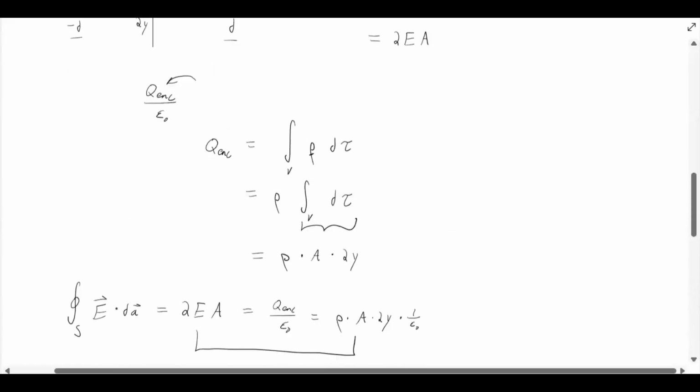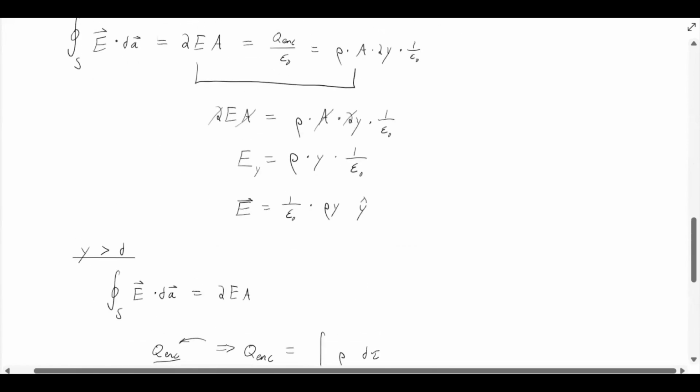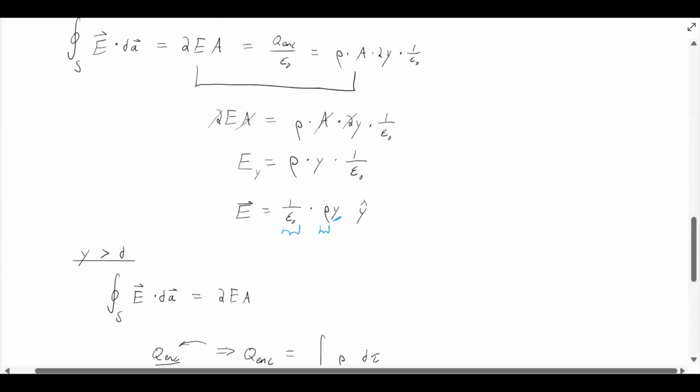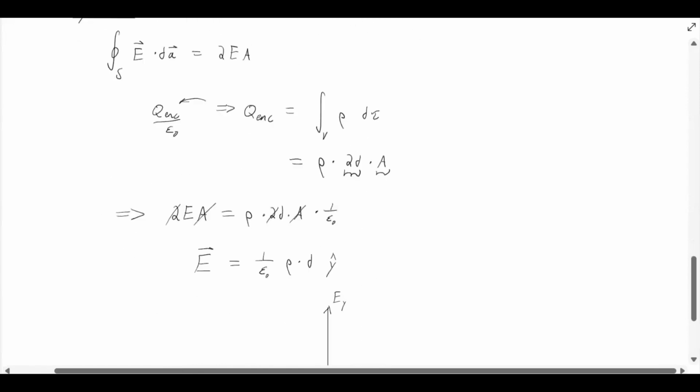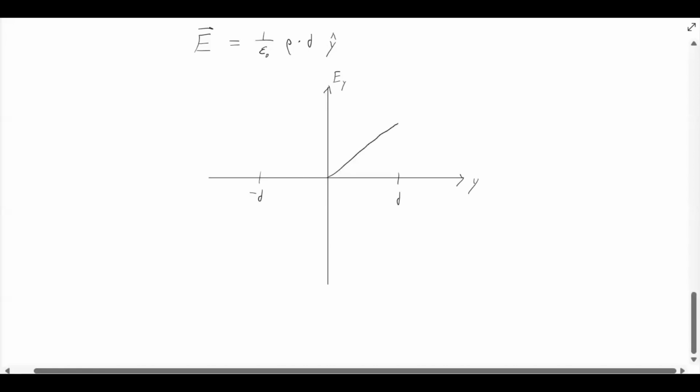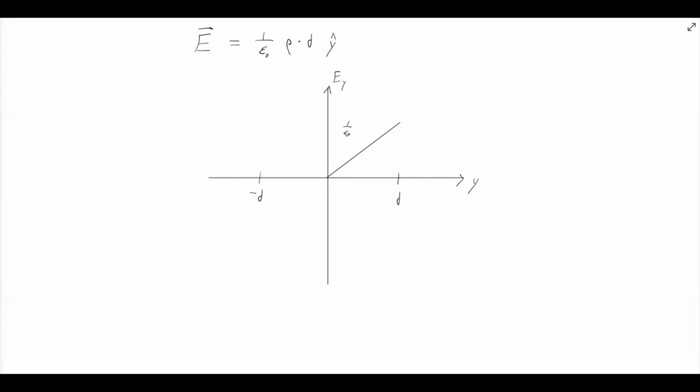From our first equation, we note that rho is a constant, and the only variable is y, so this is a linear equation. We can say that this will have a positive linear slope. So here it's simply a line, and the equation of the line is 1 over epsilon naught rho y.